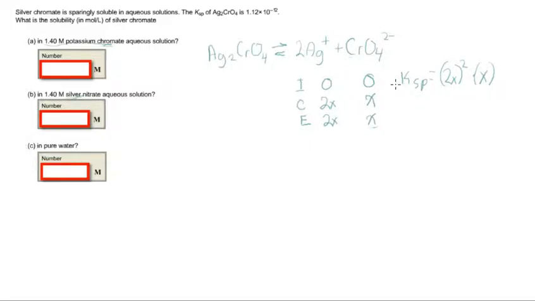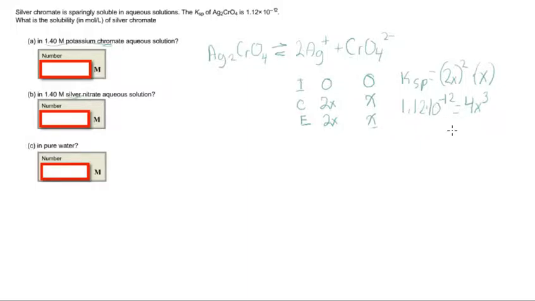So in the case of pure water, we're starting with 0 chromate and 0 silver, and we use the 1.12 times 10 to the negative 12th equals 4x cubed, because 2 squared is 4, x squared times x is x cubed.